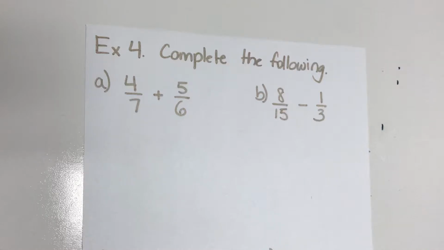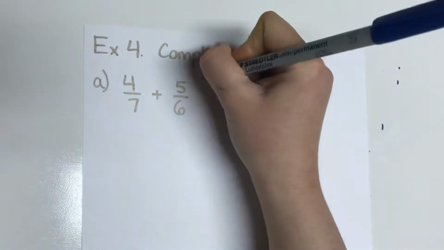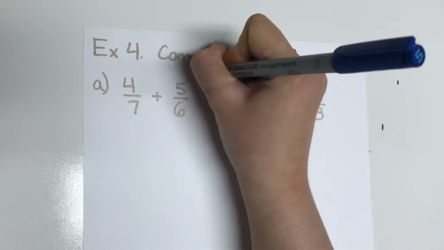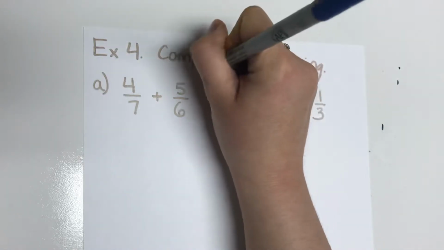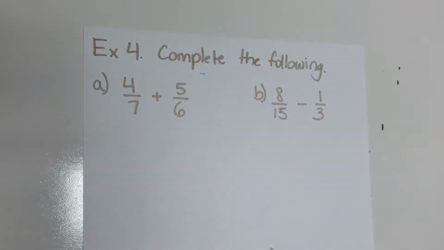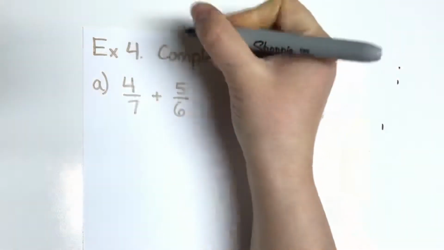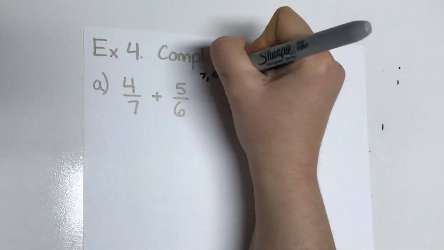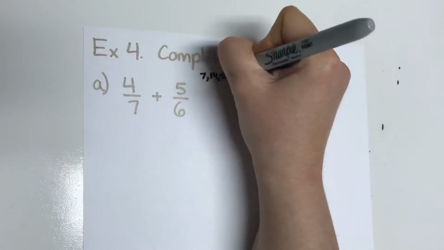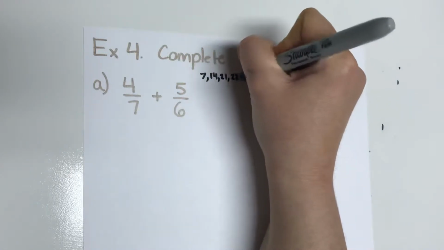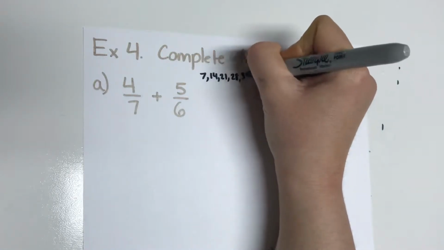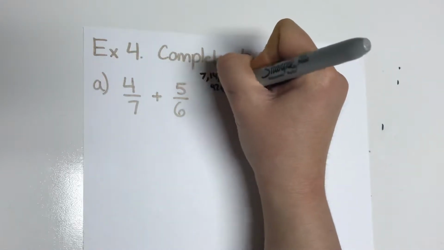To get a common denominator for 7 and 6, I need to think of a number that both 7 and 6 go into. So the numbers that 7 goes into: 7, 14, 21, 28, 35, 42.